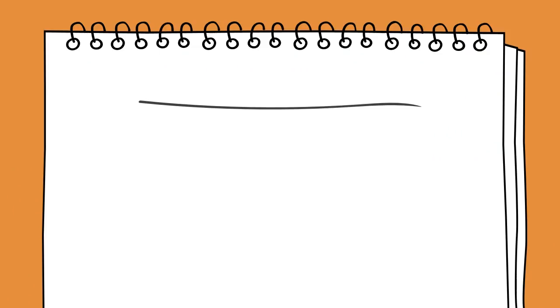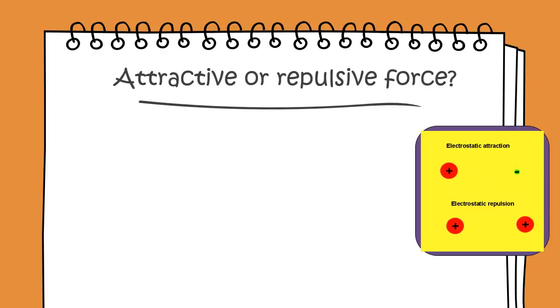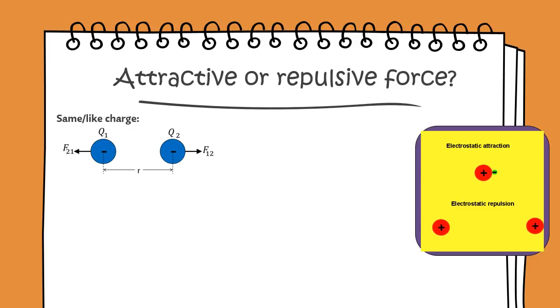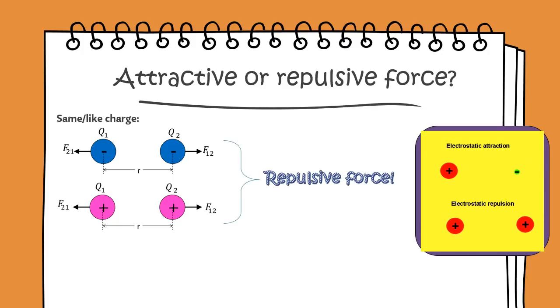There are two types of electrostatic force, which are attractive and repulsive force. First we look at same or like charges. Same or like charges means both are negative or both are positive. If both charges are negative or positive, it will produce a repulsive force.